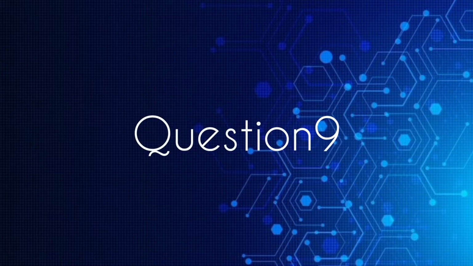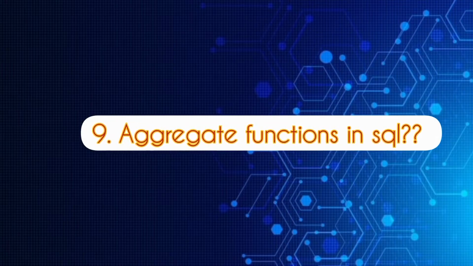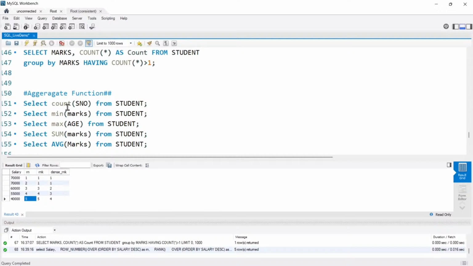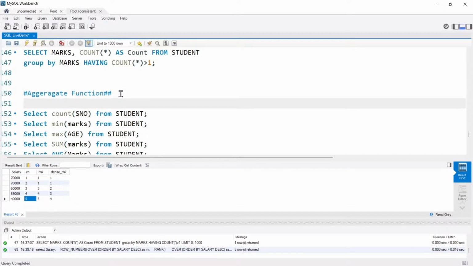Next question is, name the aggregate functions you know. In SQL we have these aggregate functions: count, minimum, maximum, sum, average. Here I have taken the student table. First I will show you the student table.